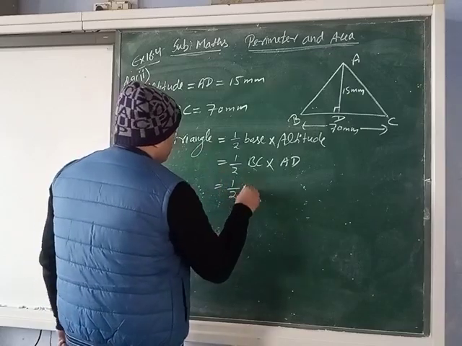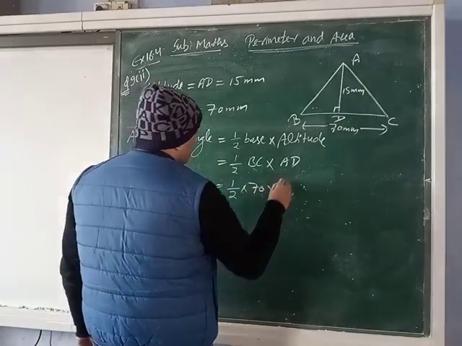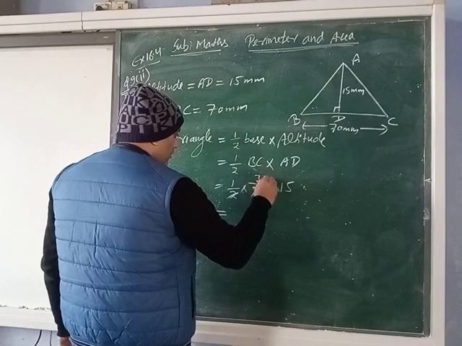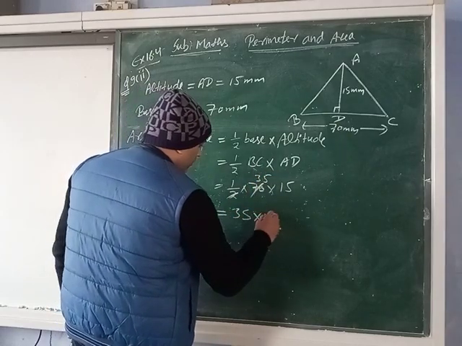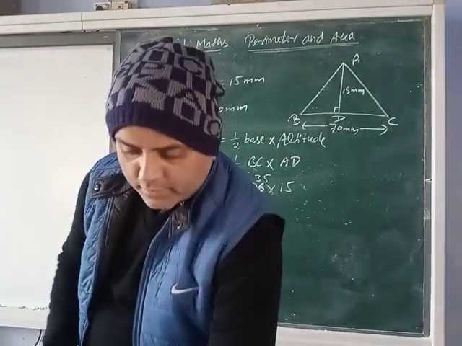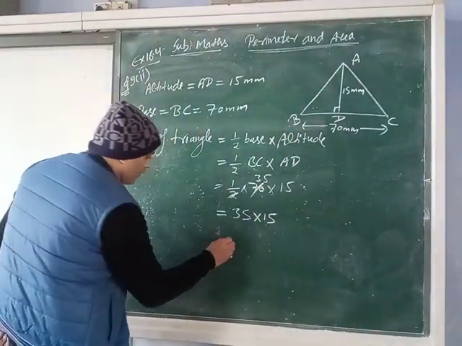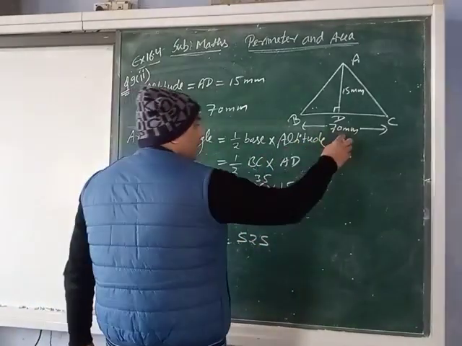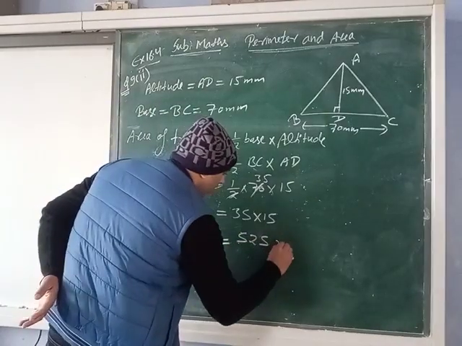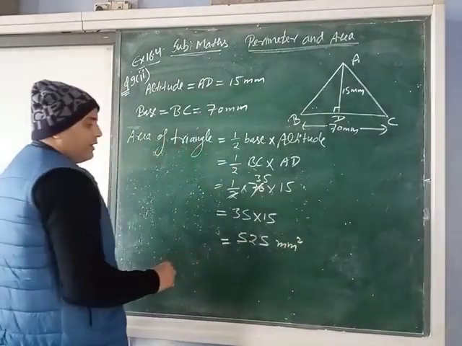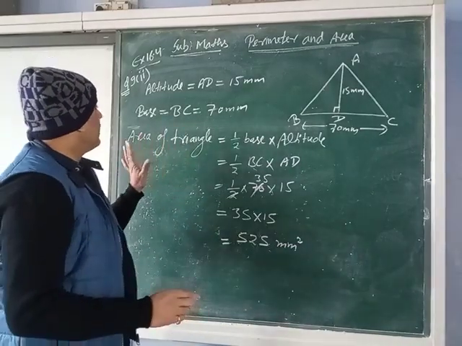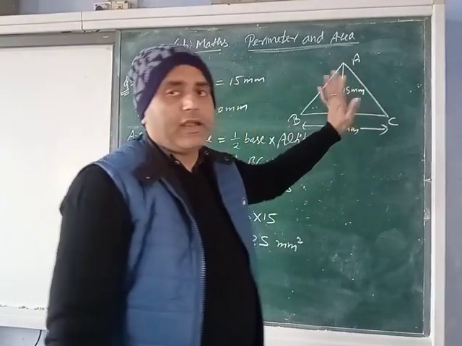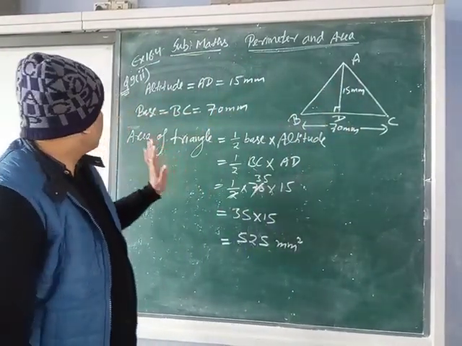BC is given 70 and AD is 15. 70 divided by 2 is 35. When 35 multiply by 15, then 525. What is the unit? Millimeter. So we will write millimeter square. So that is the area of triangle whose base is 70 millimeter and altitude is 15 millimeter. Okay. Now write down.